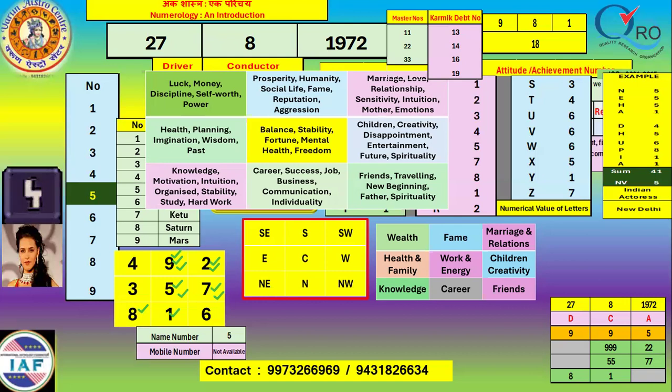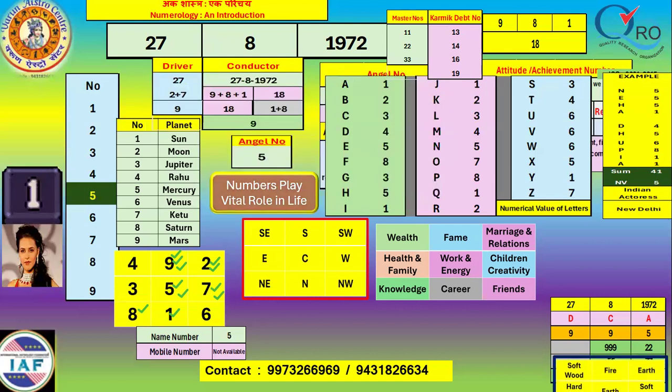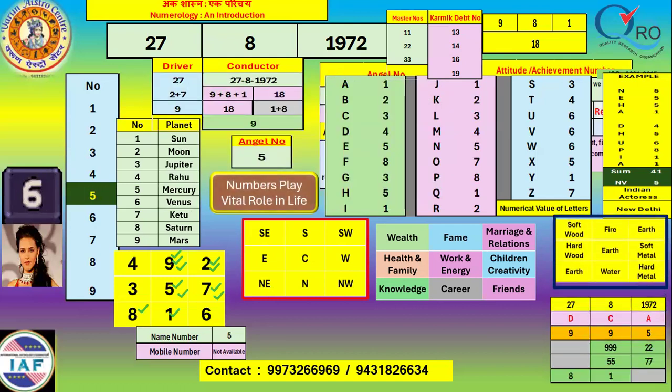Friends, traveling, new beginning, father's spirituality, these are the impact of the missing numbers. Few friends, some differences with the father, etc. So, remedial measures are either arrange for a good number, which balances all the numbers, or use wood for the 3 and 4, and metal for the 6 and 7.